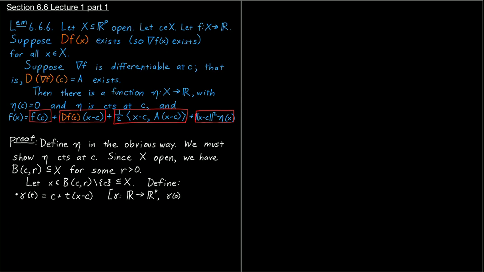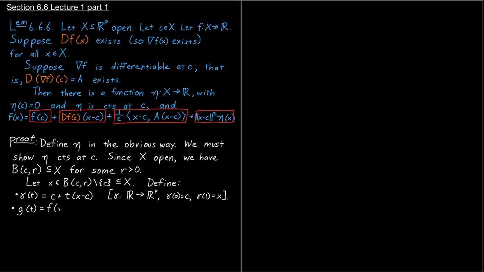Gamma of 0 is C. Gamma of 1 is X. And let's let g of t be the everything except eta bit at the point gamma of t.